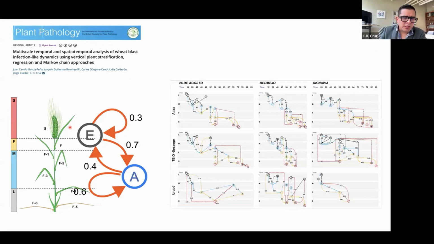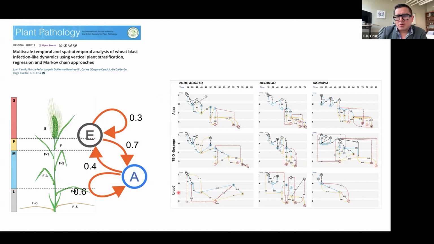And so Markov chains are a bit complex to deploy in graphics, but what I wanted to share here is that we were working in 3 locations, 3 different cultivars, each cultivar with a differential level of resistance.